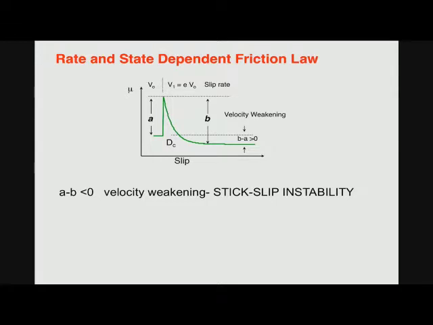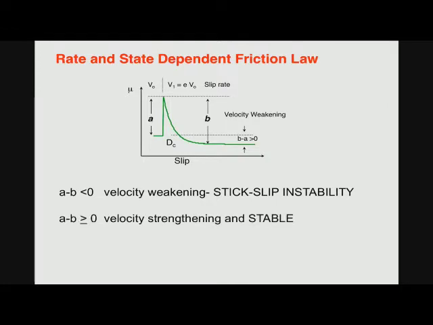If a is less than b, and you end up with a friction that's less than what you started with, then you will have stick-slip behavior, and you can generate earthquakes. That's known as velocity weakening, because as you increase your velocity, your fault is becoming weaker. So a minus b less than 0: velocity weakening, stick-slip, earthquake generation.